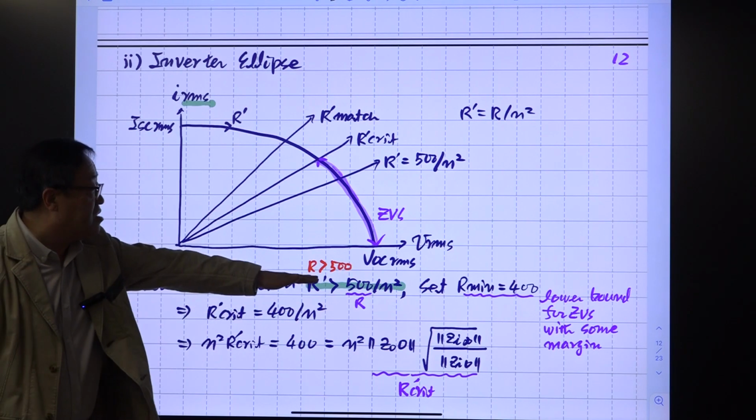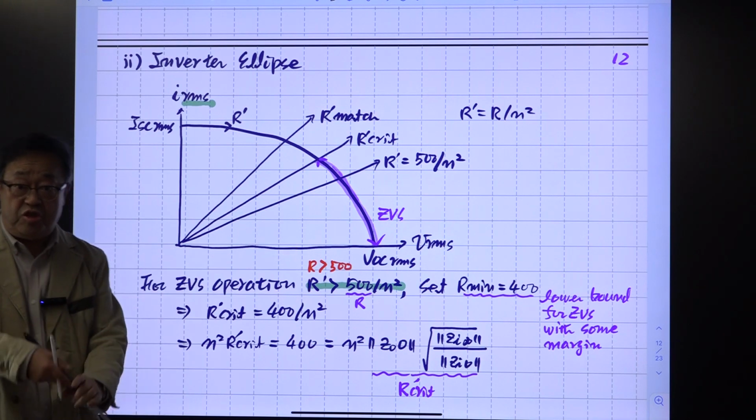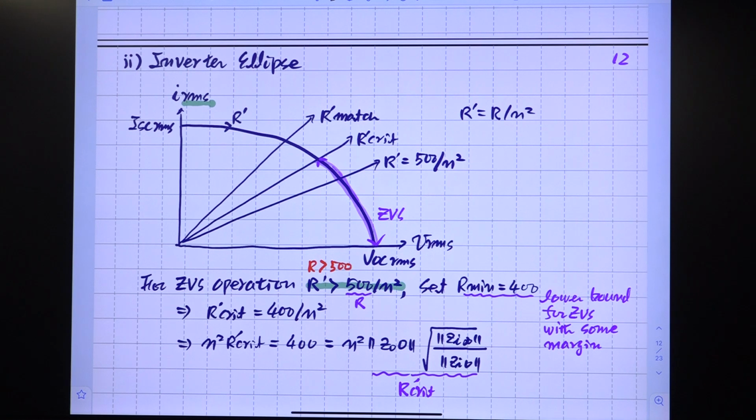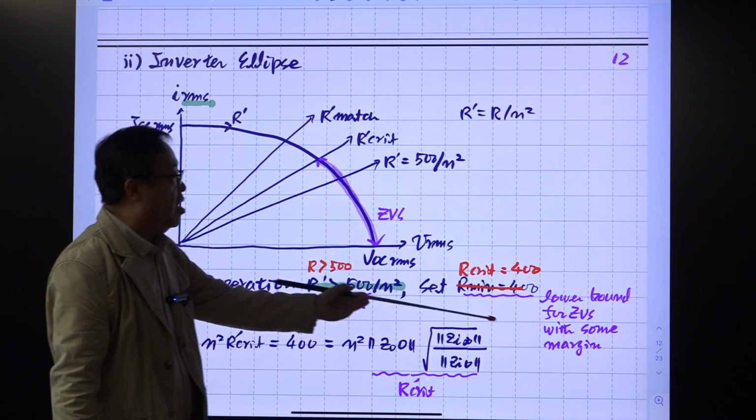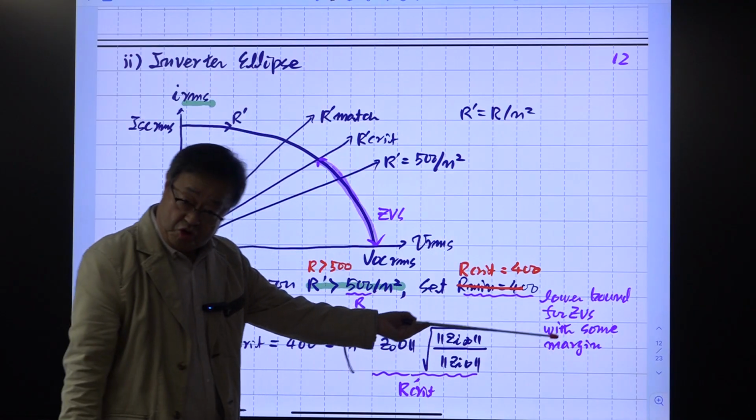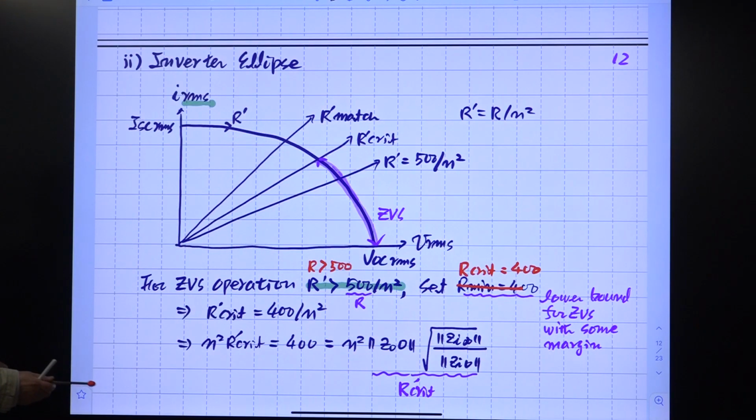Selecting this as R critical is dangerous, so you need some margin. So with that in mind, thinking the margin, select R critical as 400. Then you have a margin of 100 ohm. This is your design construction, but you select this so you have some margin for the GCS operation.